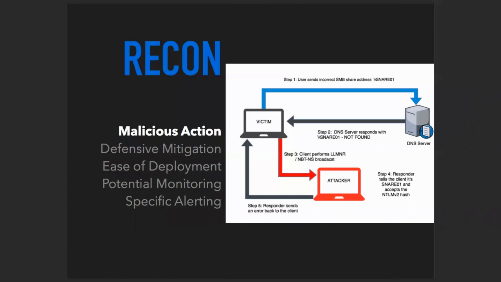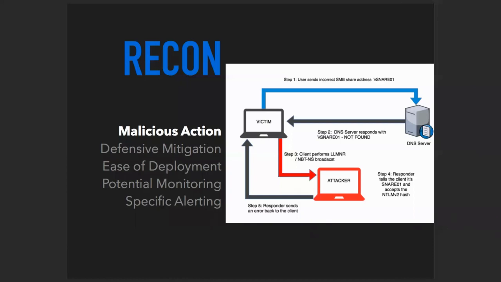By default, when a Windows workstation requests a name lookup, it'll do 3 queries. First, it'll look at its local hosts file, which is a text file in the operating system. Next, it'll look for the configured DNS servers, and then it'll broadcast over NetBIOS. So if the first 2 queries return no results, the machine will broadcast that request.